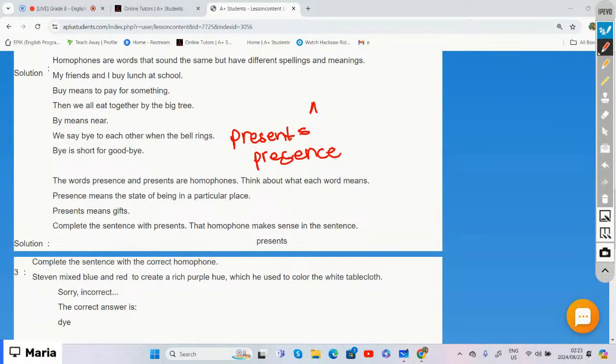And then you have another word, presence, and that means a state of being in a particular place. It's like my presence here at the place is very demure. So that is the two words, which have different meanings and different spellings.